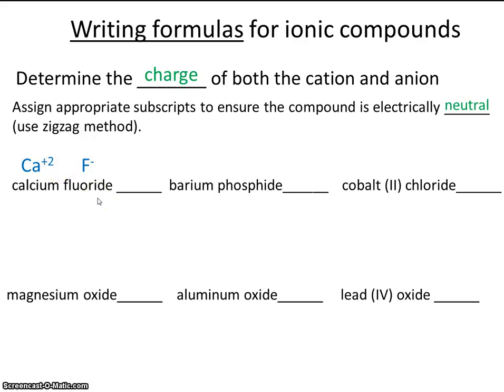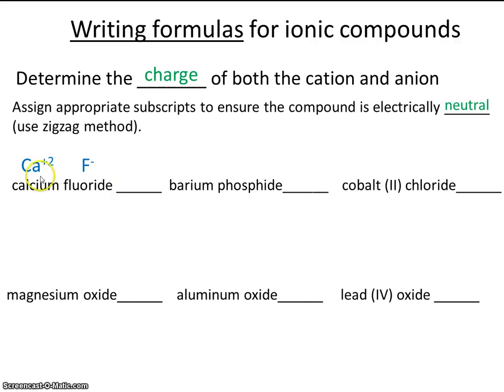And once again, you know this because on the top of your periodic table, in group 2, where calcium can be found, you've written +2. And on the far right of your periodic table, where fluorine is found, in that group or family, you've written -1. So fluoride has a charge of -1.